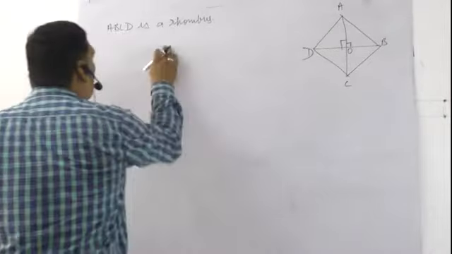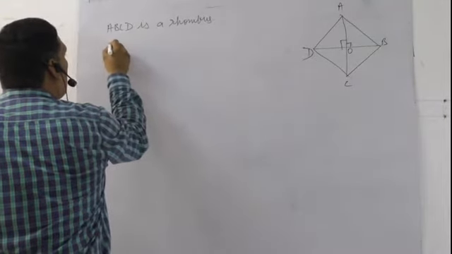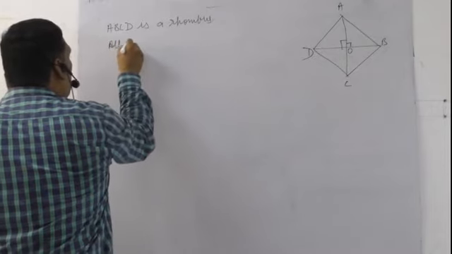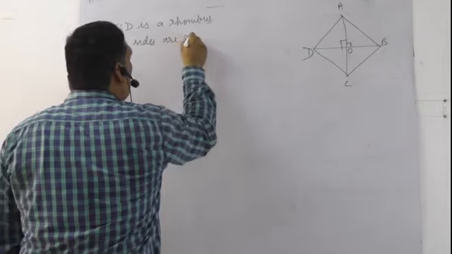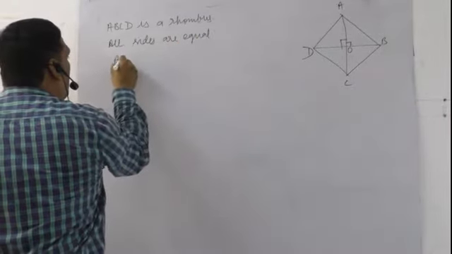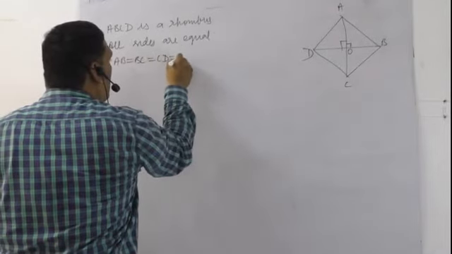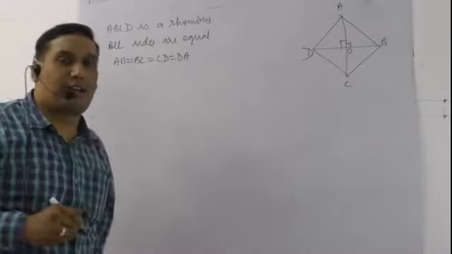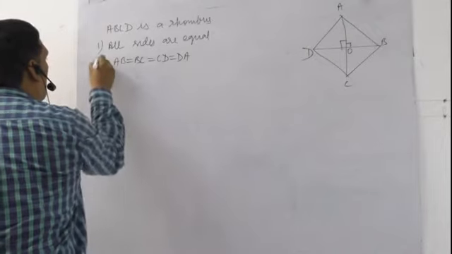All sides are equal: AB, BC, CD, DA. ABCD is a rhombus. First point.